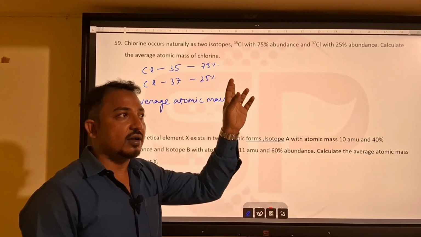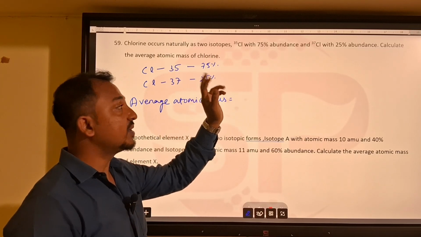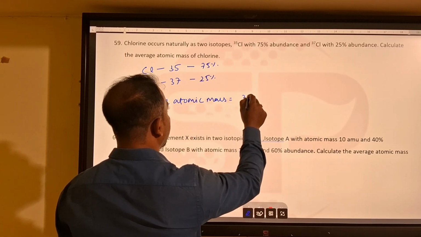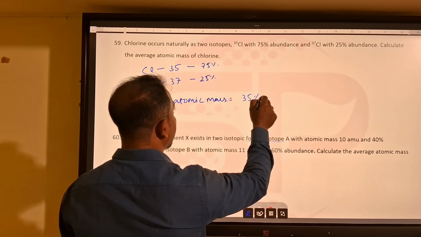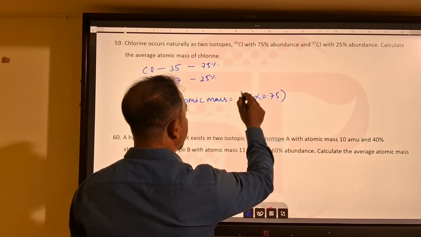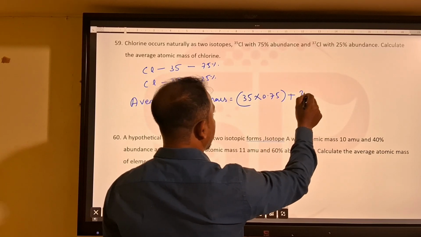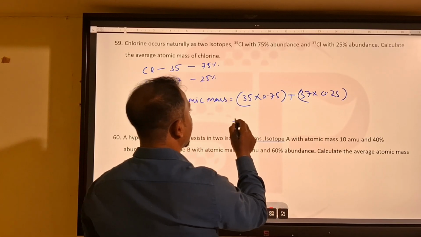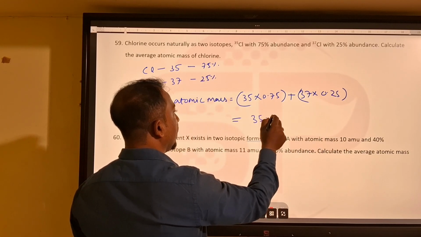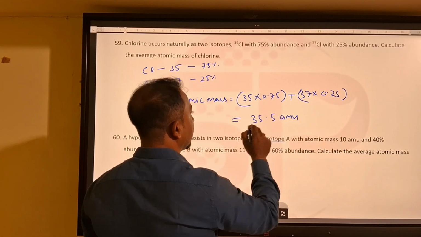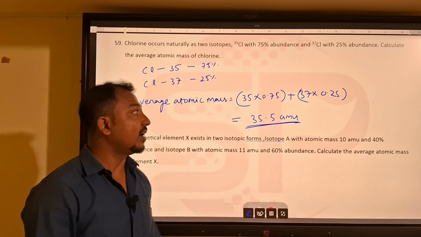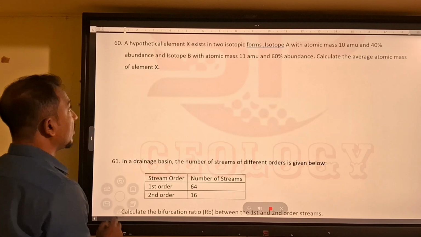Then the abundance percentage is given, 75% and 25%. So we'll take the summation, that is 35 into 0.75 plus 37 into 0.25. So it will be 35.5 atomic mass. This will be the average atomic mass of the chlorine.